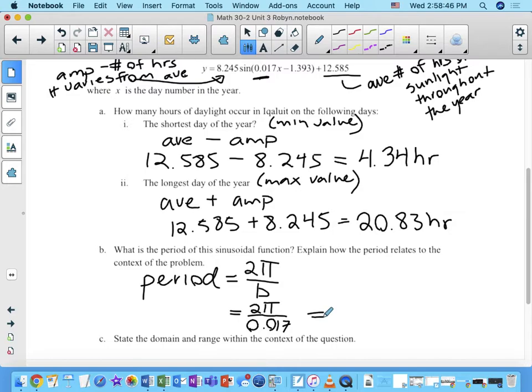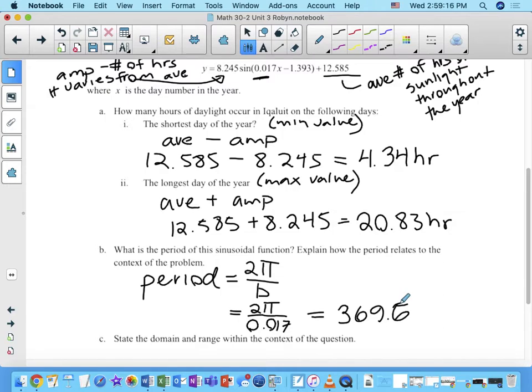I can't do that in my head. Not that good. 369.5 something, 0.6. Okay. So you guys, I'm going to say that this value was rounded and this is slightly off. What do you think the period should actually be? 365, yeah. Because it's a year, right?